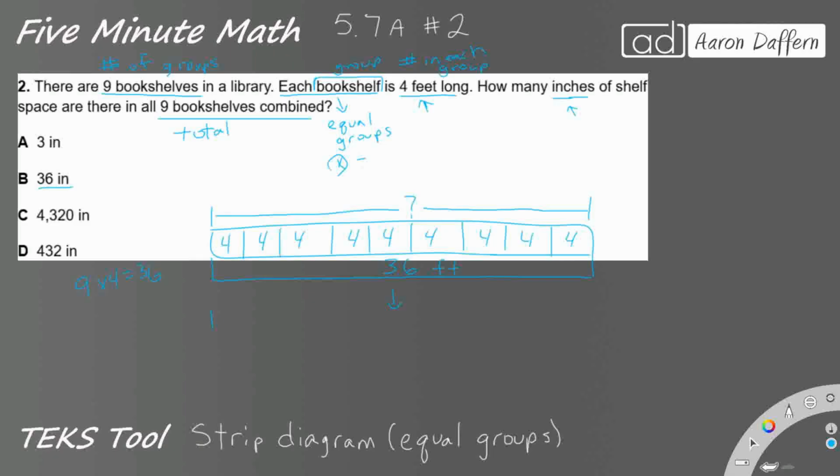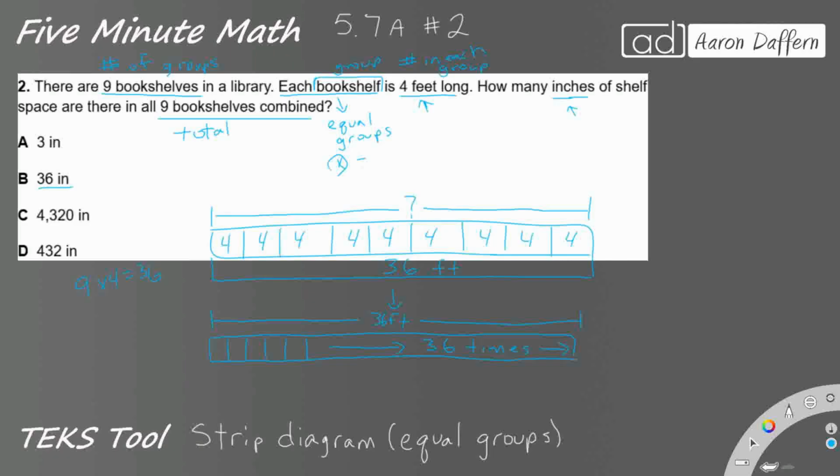We can say we've got 36 feet, and each foot is going to end up being a group. So I'm going to go like 1, 2, 3, 4, just kind of like this. And then I'm just going to draw an arrow that says 36 times. I'm not going to draw all 36.